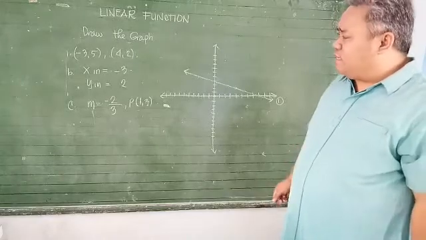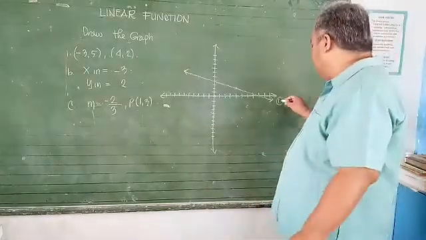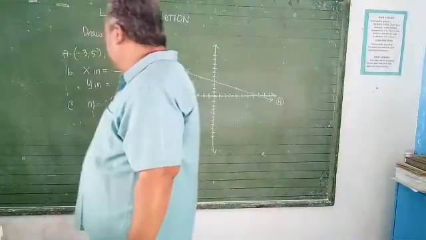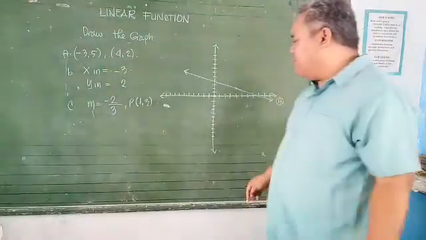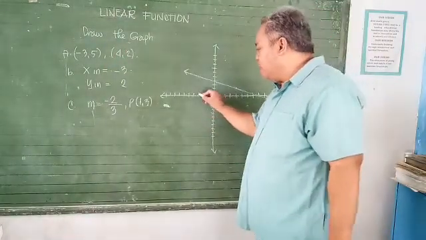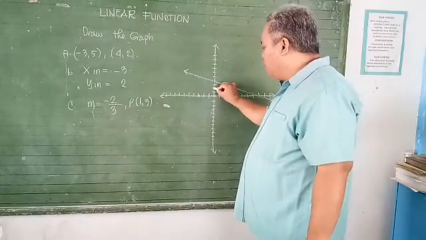As much as possible, you're going to use pencil for tracing the line. Okay. Next, what about letter B? In letter B, the x-intercept is -3. So locate the x-intercept at -3. 1, 2, 3. It's -3. And for your y it is 2. So 1, 2. Okay.